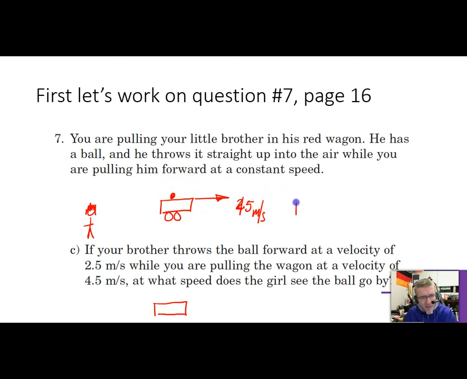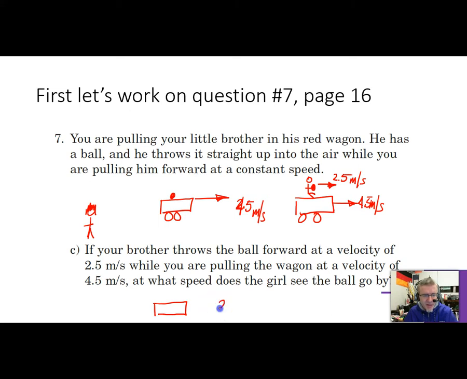But now, my little brother is sitting on the wagon, he's got the ball. The wagon's moving at 4.5 meters per second. He's just sitting there, moving at 4.5 meters per second. When he throws the ball at 2.5 meters per second, you can imagine now we're in a car on the freeway.